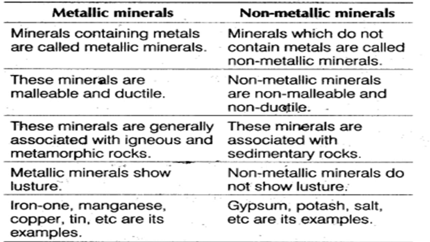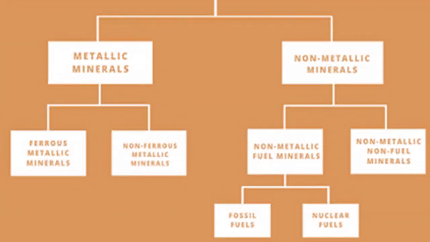Metallic minerals do not break easily and can be made into wires or sheets, whereas non-metallic minerals are brittle and cannot be made into wires or sheets. Metallic minerals are good conductors of heat and electricity, but non-metallic minerals are poor conductors of heat and electricity. Metallic minerals produce sounds. Non-metallic minerals do not produce sound.